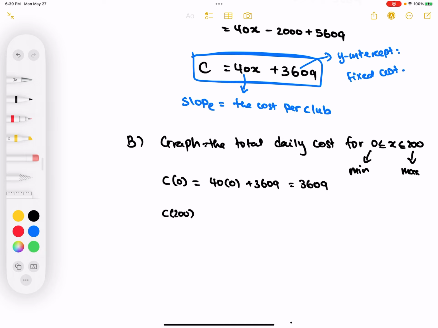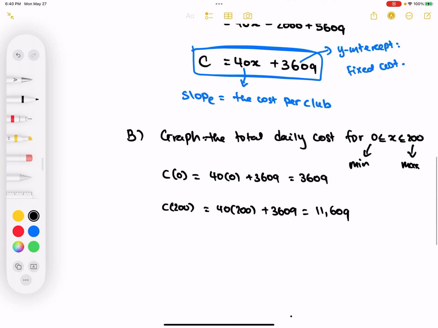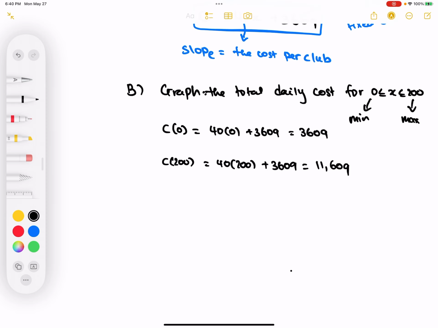Let me calculate it again. Okay, 40 times 200 plus 3,609. Yeah, it is 11,609. That is the cost associated with 200 golf clubs.